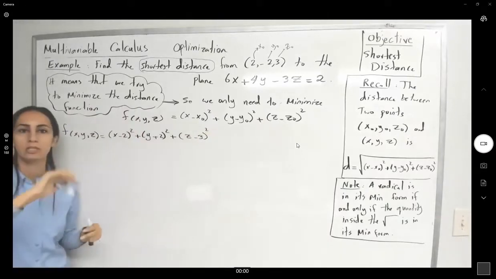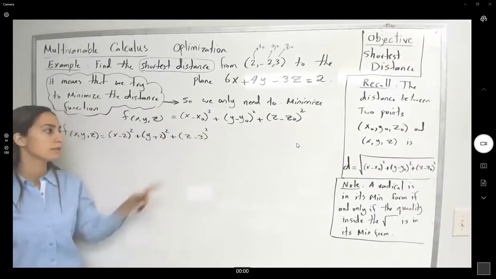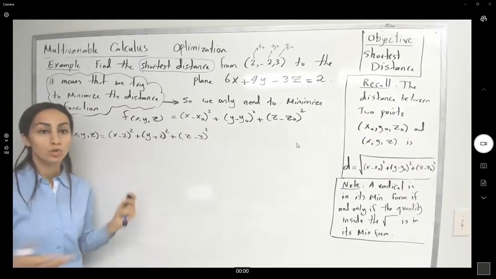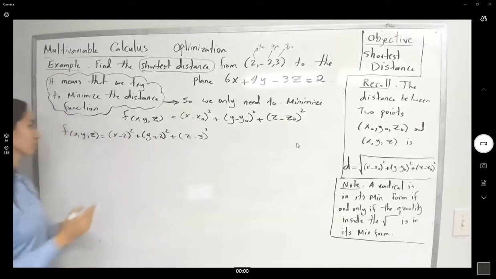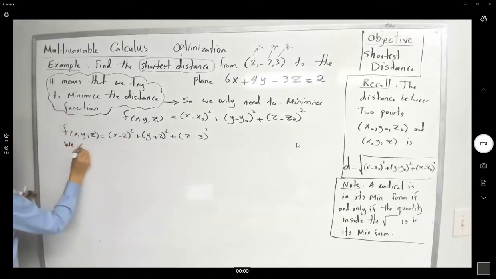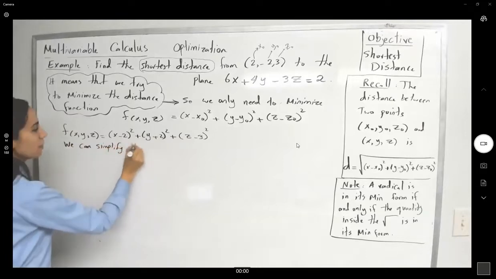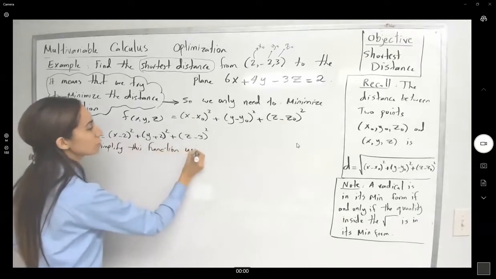But the question here is, well, the method that we learned didn't include z. Can I get rid of z to simplify this function? Of course. We can simplify this function using what?